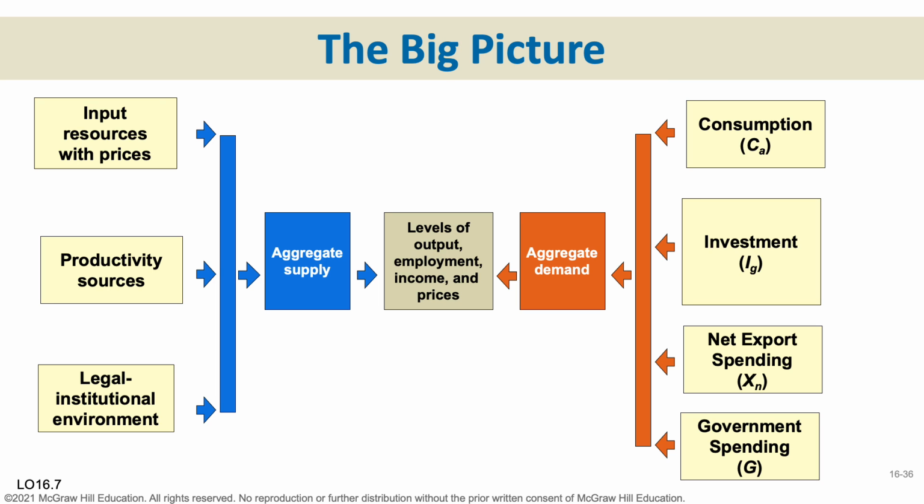What are business taxes? What are the environmental protection laws or other laws that affect trade? We have one side affecting aggregate supply, the other side affecting aggregate demand, and it's the intersection, the interaction of those two forces that actually determines the level of output. That's GDP, our employment level, our income, and our prices.